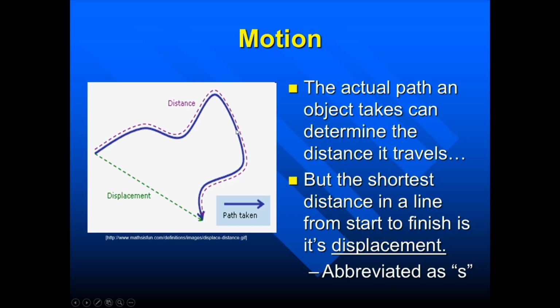You stop right here, and you say, all right, come here, boy. And then the dog runs in a straight line. The dog is obviously not going to follow the same path you took. The dog is going to take the shortest path possible from where you started to where you finished. That would be the displacement, the shortest path possible, whereas the distance is going to be the total path that you took.